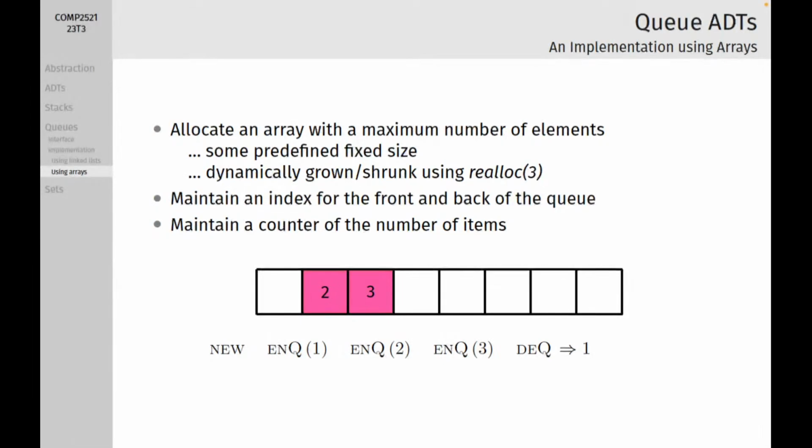Here, the front of the queue was at index 0, and the back of the queue was at index 2. When we dequeue, we simply update the index of where the front of the queue is. So the front of the queue is now index 1, and the back of the queue is still at index 2. And that's more efficient than shuffling everything down.